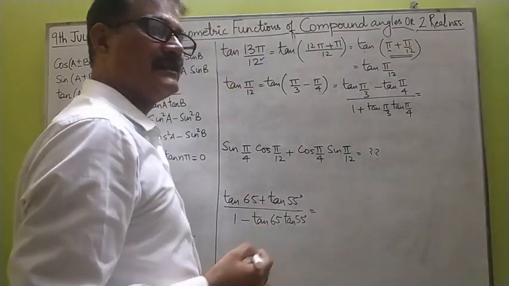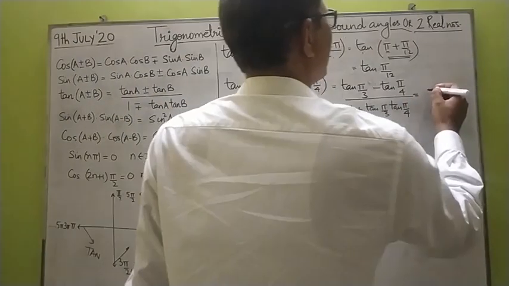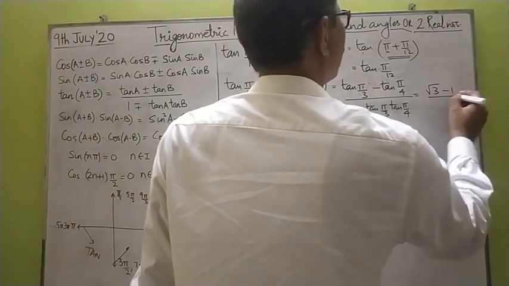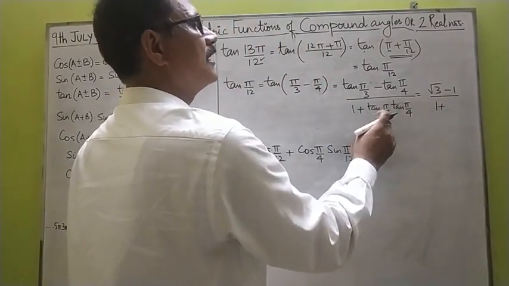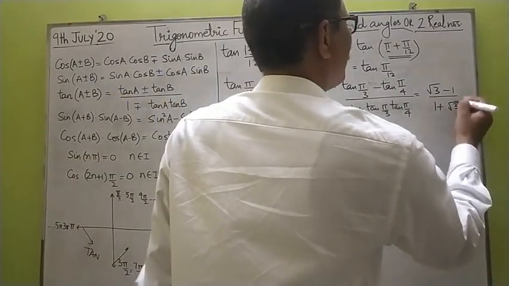Now what is tan pi by 3? Tan pi by 3 is tan 60. Tan 60 is root 3. So root 3 minus 1 upon 1 plus the product of these. The product of these is root 3 into 1, which is root 3. So we get this result.